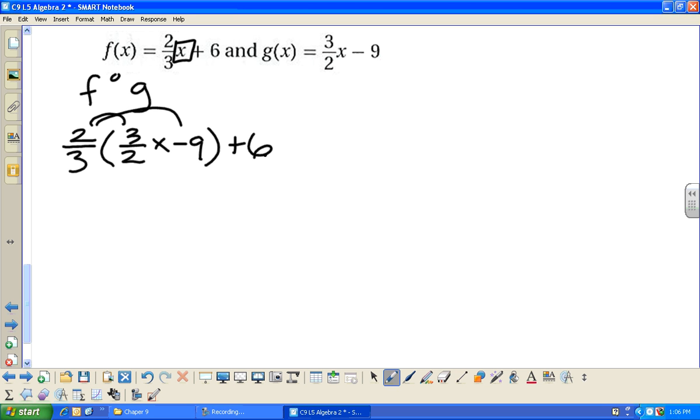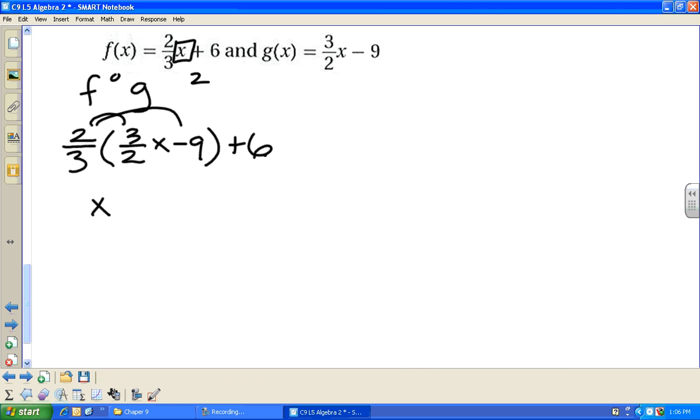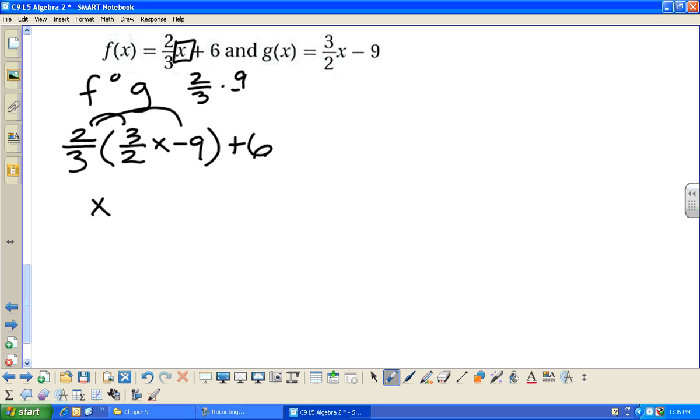I'm going to distribute my 2/3. 2/3 times 3/2 will just give me x. 2/3 times negative 9/1, my 3's will cancel. Oh, this would just be 1. So 2 times negative 3 will give me a negative 6. Negative 6 plus 6 gives me x.